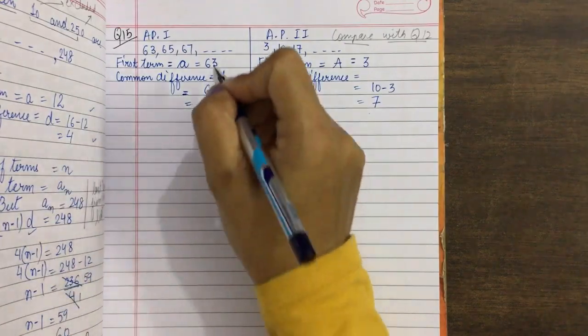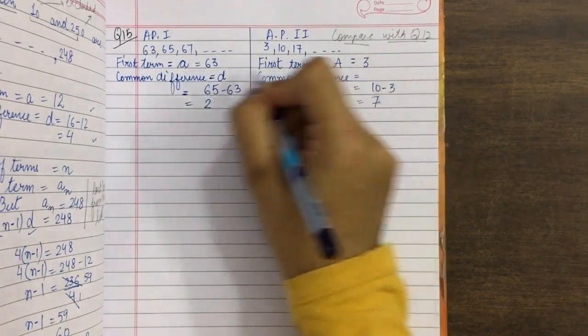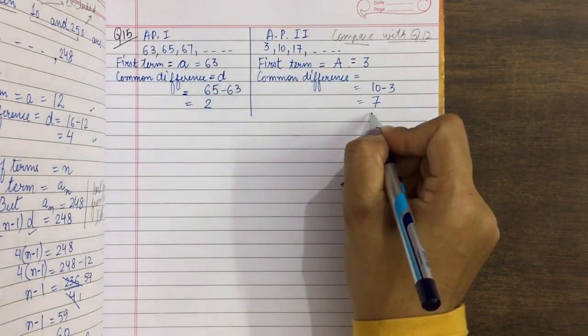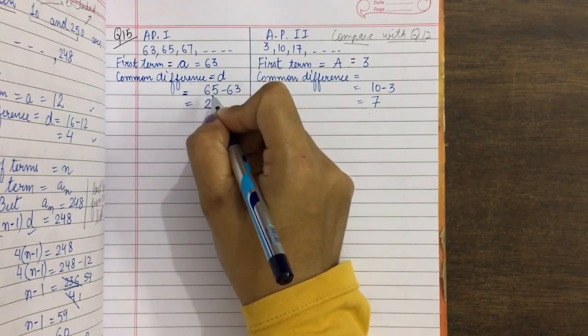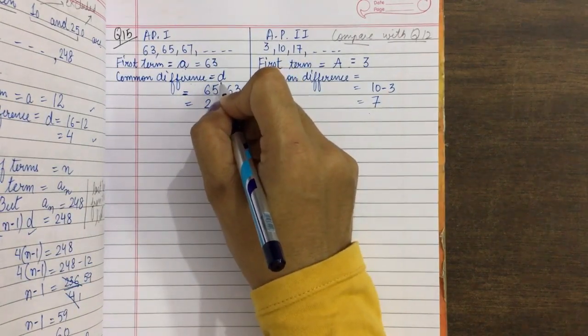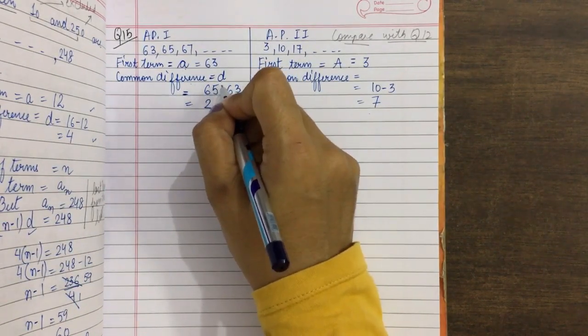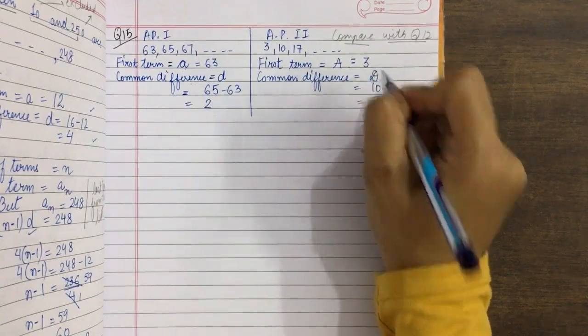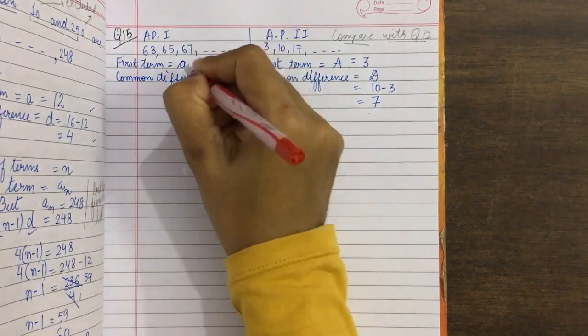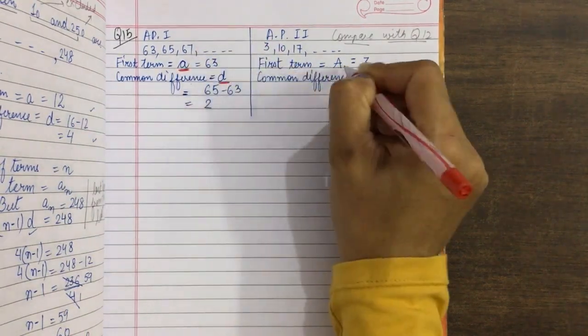But in this question, the first term is also different, small a, capital A. The common difference is also different. So I'm representing the common difference for the first progression with small d, for the second progression with capital D. So this is something which you want to remember, that we have taken different representation here.